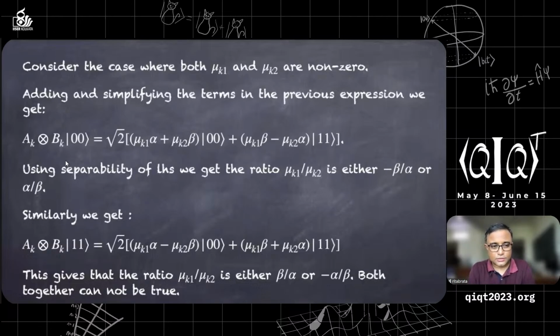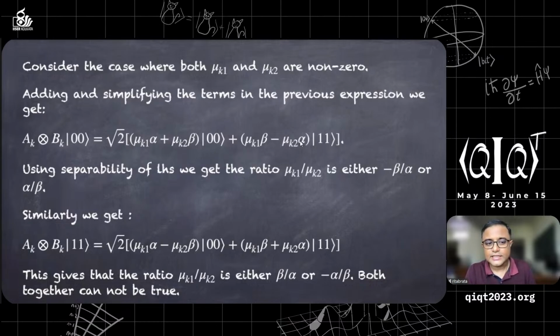So the left hand side will be eventually a separable state, whereas the right hand side must also be a separable state, because you are after all doing a separable transformation. So the separable state must go to a separable state.